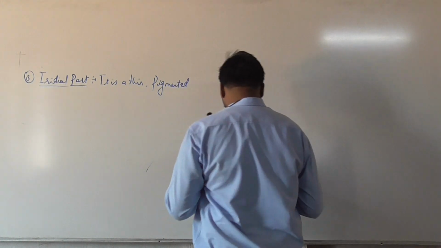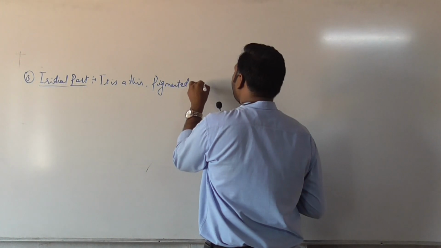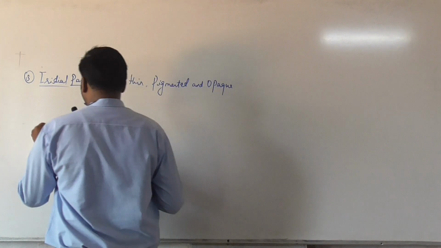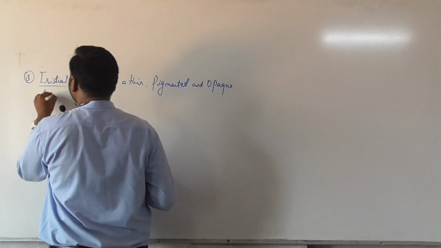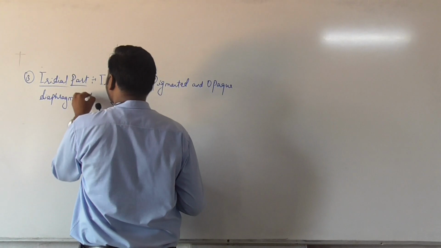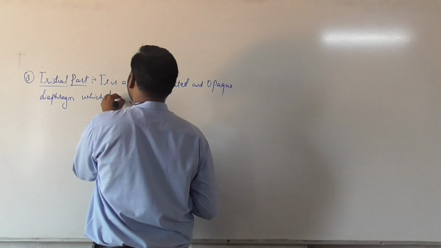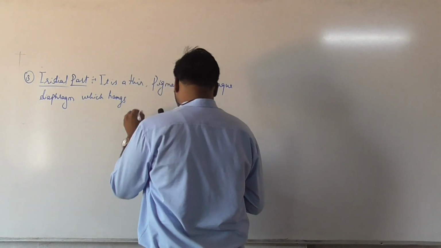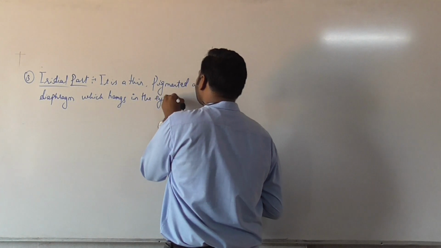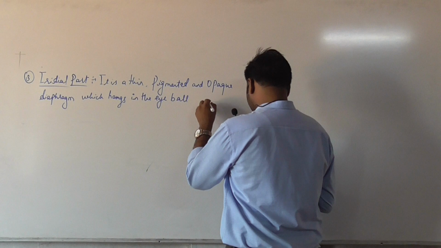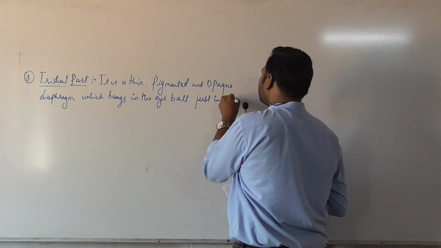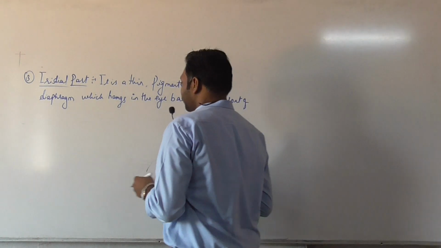It is a thin pigmented and opaque diaphragm which hangs in the eyeball just in front of the lens.